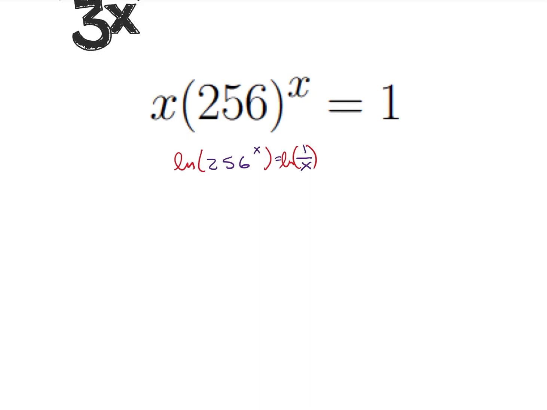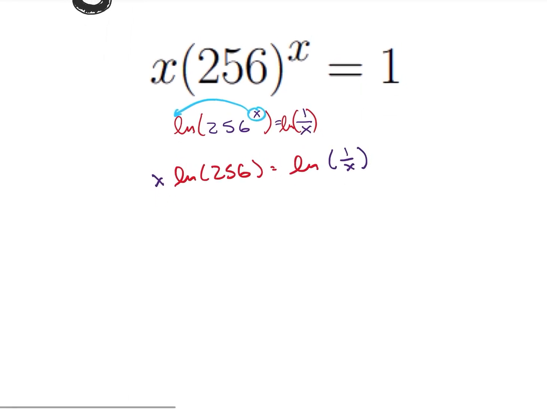What that's going to give us is, once I bring the exponent out, x times the natural log of 256 is equal to the natural log of 1 over x.